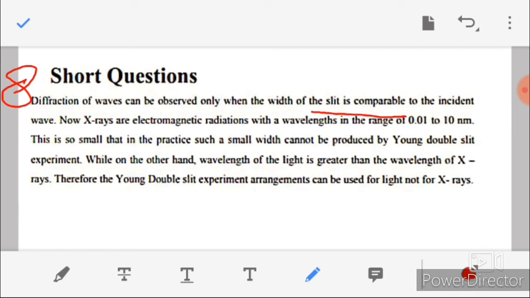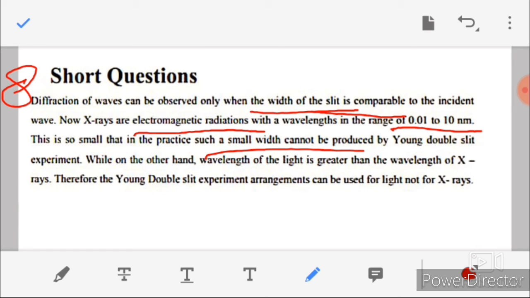wavelength. Now X-rays are electromagnetic radiation with wavelength in the range of 0.01 to 10 nanometers. This is the range of X-rays, which are electromagnetic radiation. This is so small that in practice such a small wavelength could not produce a Young's double slit experiment.